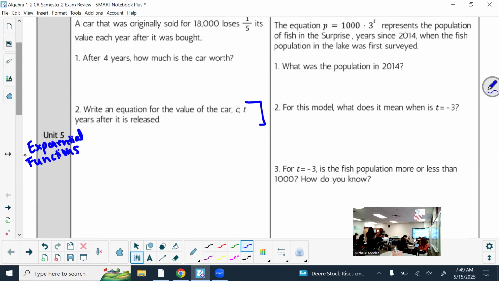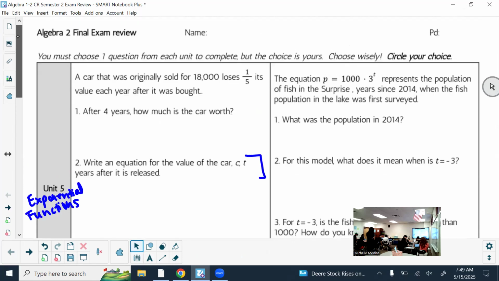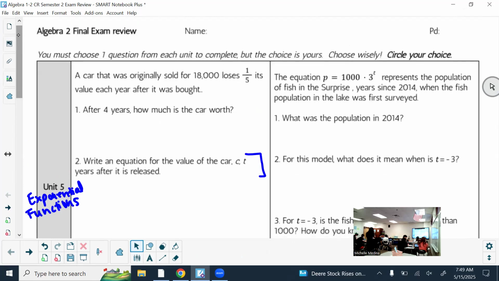Exponential is... no, that's quadratic. Okay, well maybe we'll try to problem solve our way through question one and maybe it'll bring up some memories. But it would be a lot easier if you just remembered the formula when we're setting up these problems.